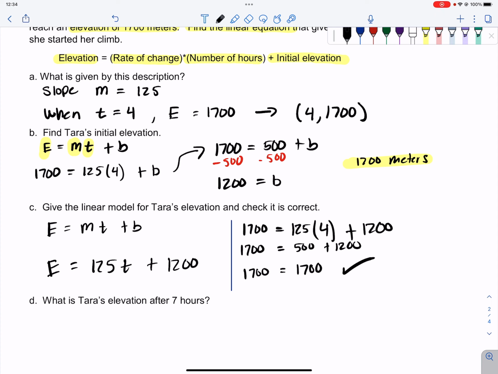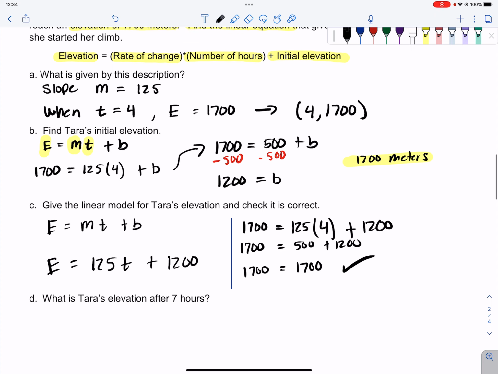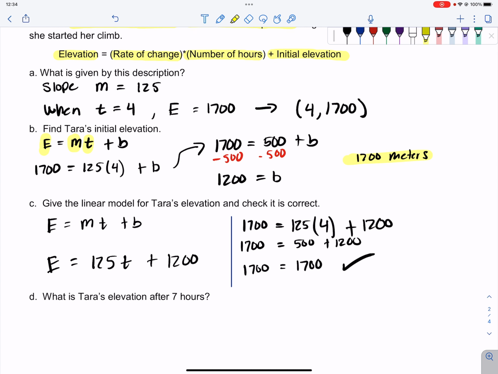And now we can use this to answer our last question here. What is her elevation after 7 hours? Well, this means we are replacing t in our equation with 7 and then evaluating. So E is equal to 125 times 7 plus 1,200.